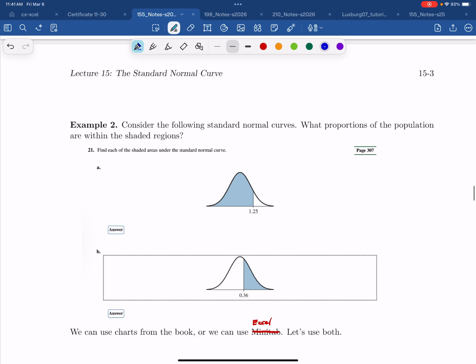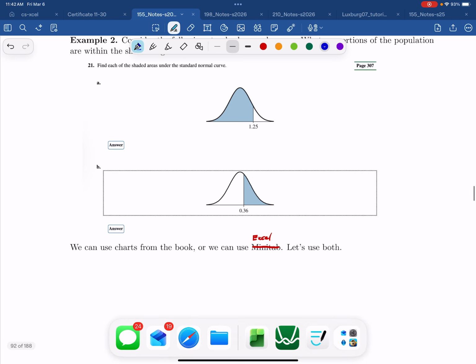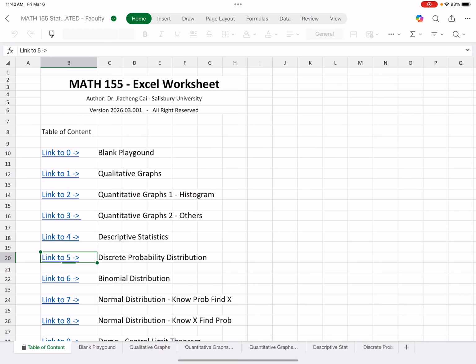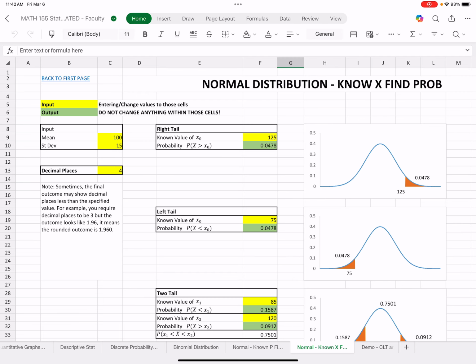All right? So if we consider the following standard normal curves, what proportion of the population is within the shaded regions? This is really asking: what proportion of the population is less than or equal to 1.25 standard deviations above the mean? To answer this, we can get out our Excel file and go to normal, no x find prob.